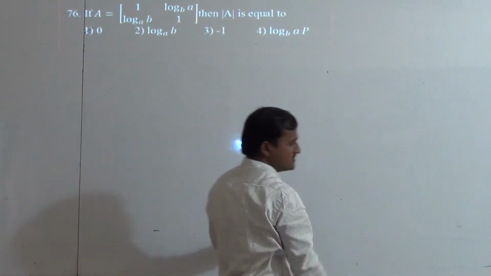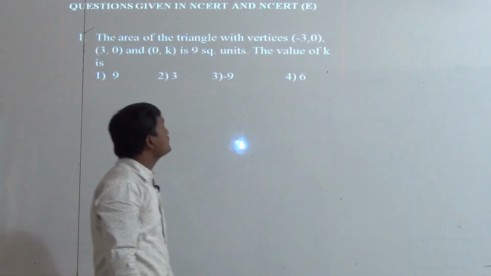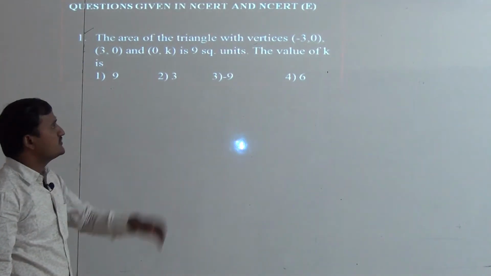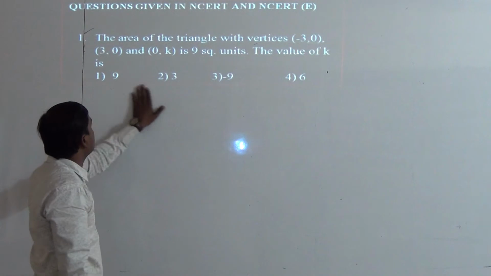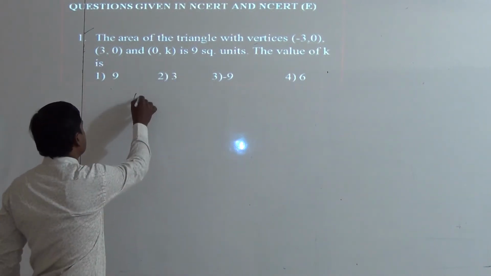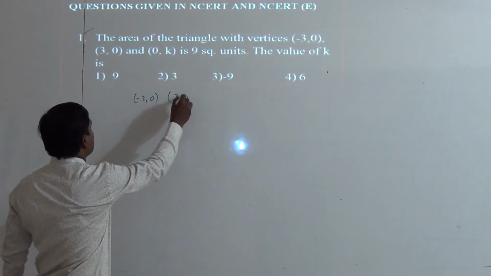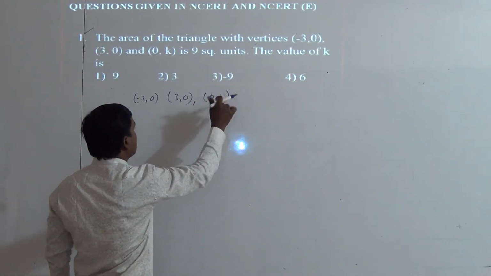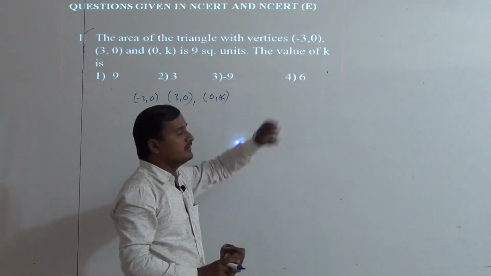Okay, the next question is this one. These questions are given in NCERT and also in NCERT examples, right? So here to solve these problems, the area of the triangle with vertices minus 3 comma 0, 3 comma 0 and 0 comma k is 9 square units, then the value of k, right?